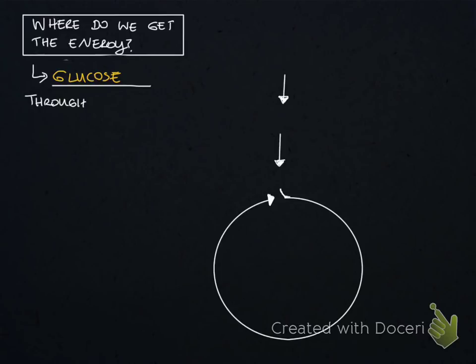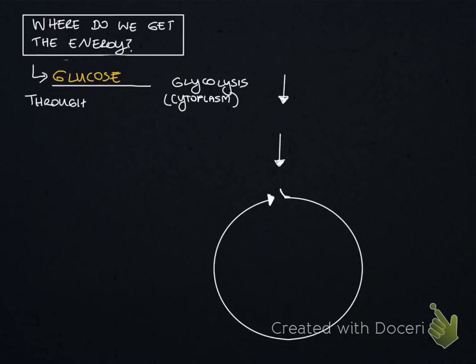So the first part of cellular respiration is glycolysis. And glycolysis happens outside of the mitochondria, in the cytoplasm. So make sure you know where each part actually happens.